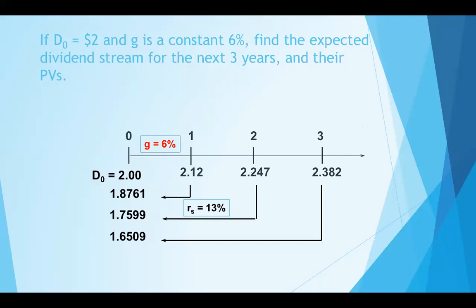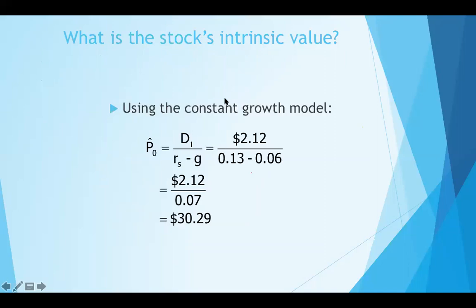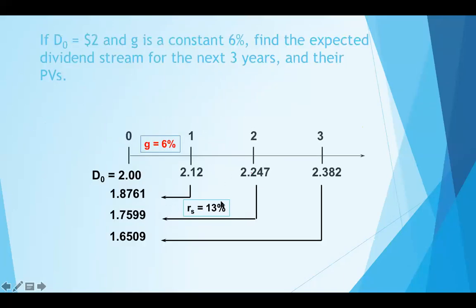So the present value of this stock is basically the discounted cash flows, right? You discount each cash flow. So let's move on. If we use this constant growth model, next year's dividend D1, 2.12, divided by 0.13, which is the 13% given, right?